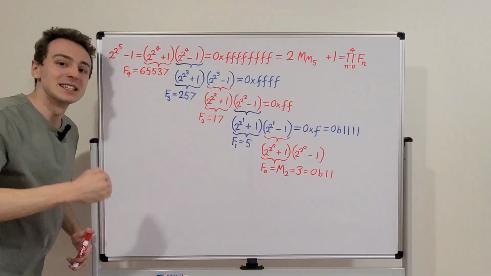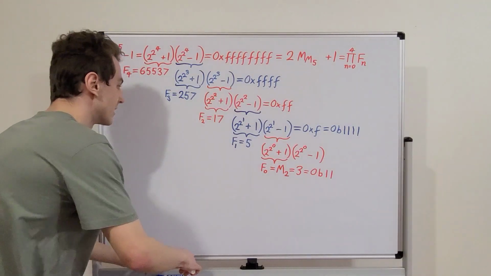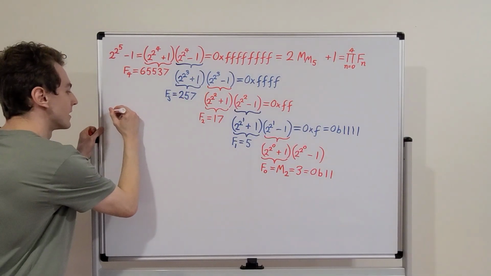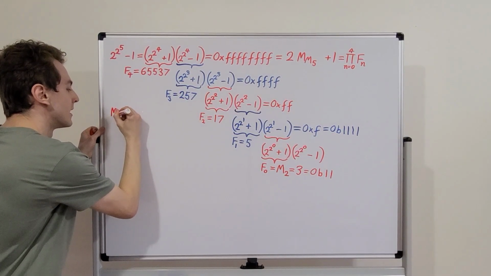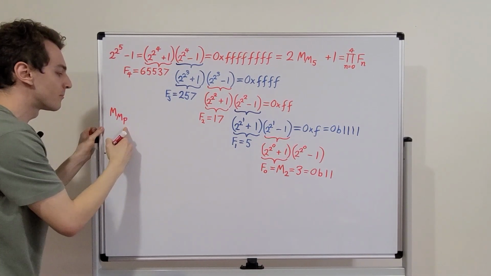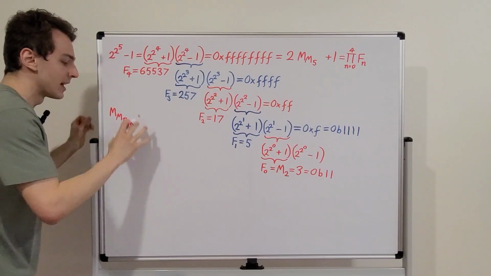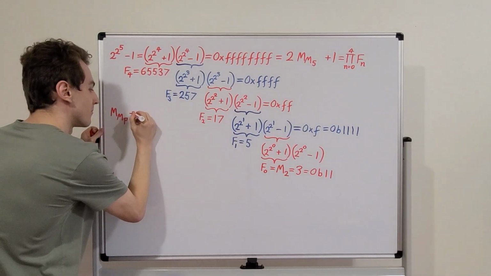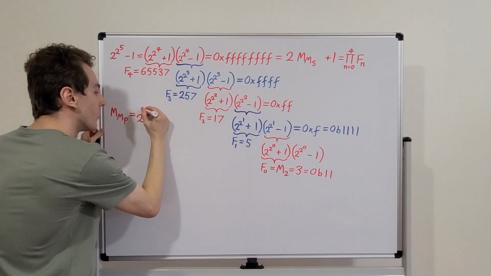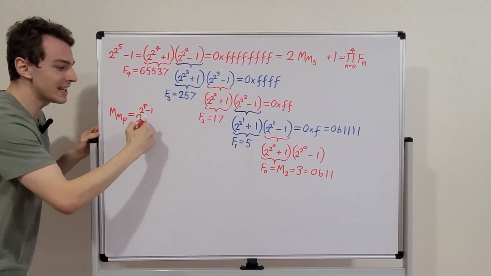Now let's examine double Mersenne primes. So first, we'll define the general case. In general, if we have the notation m sub p, where p is a prime number, and we're using this to denote a double Mersenne prime, it's going to have the following format. We're going to have 2 to the power of 2 to the power of p minus 1 inside the exponent.